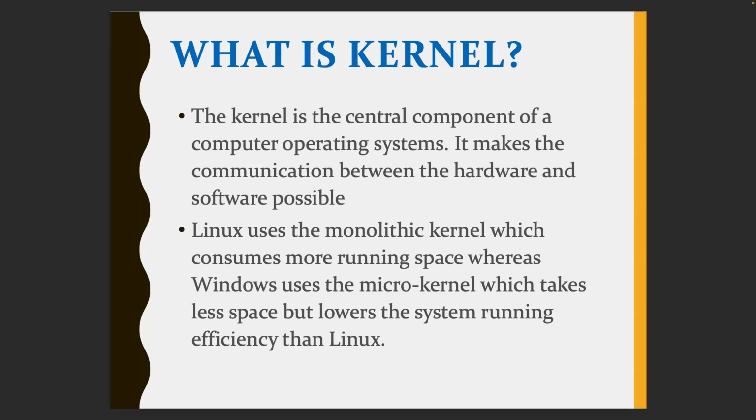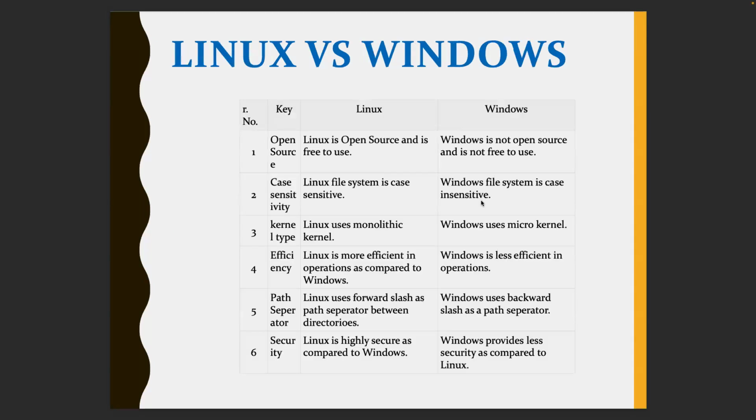So Linux operating systems are more efficient and effective because of the monolithic kernel they use. There are many other differences which you will explore once we start the hands-on, but let me tell you a few basic differences.